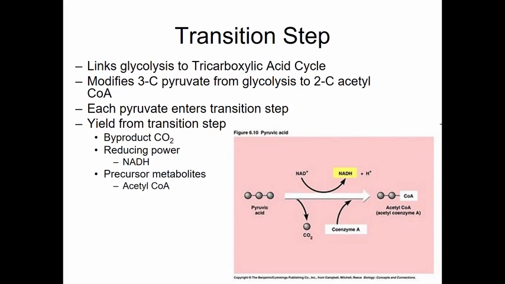So we're going to go from NAD to NADH. The coenzyme A comes in and makes acetyl-CoA. Now, how many pyruvates did we end with at the end of glycolysis? 2. Each one of those goes through this chemical reaction, so this happens twice for the one glucose that we started with.